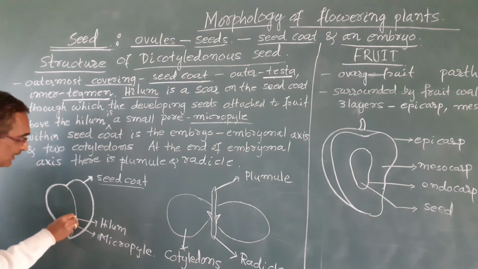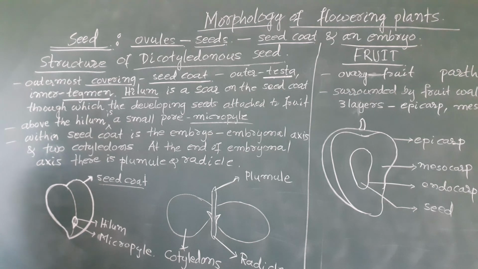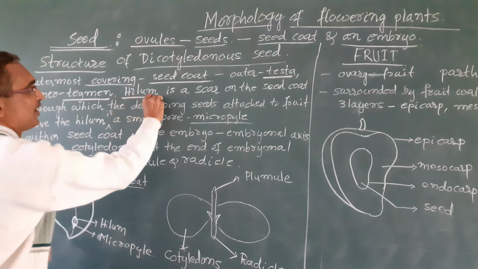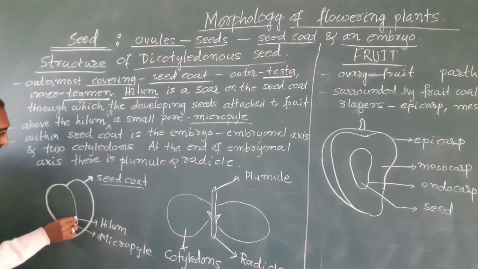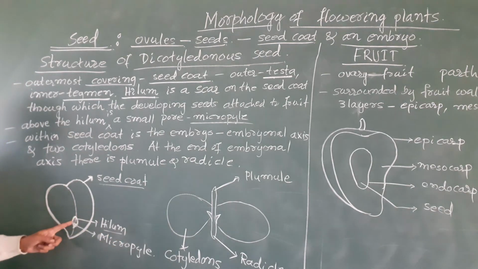a scar on it. Scar means a mark; a mark is seen on the seed. We call it a scar. So that scar is nothing but the hilum. You see, it is a hilum, that is a scar mark on the seed.